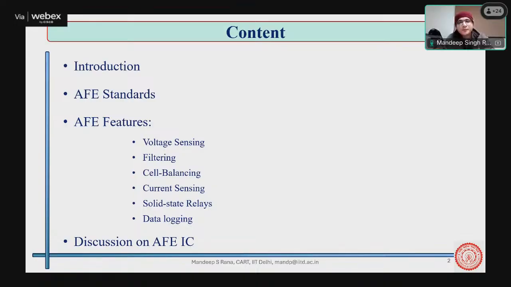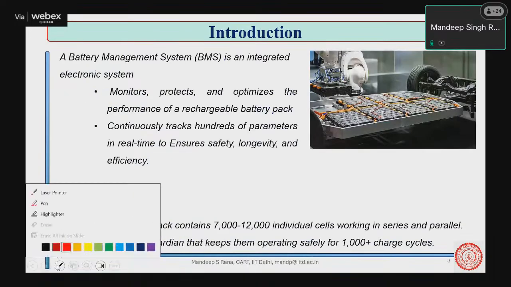As a general discussion, we know that ultimately BMS is basically taking care of the health of the battery, but not only that, with that health, it also takes care of the charging, discharging, balancing. Many things are there.